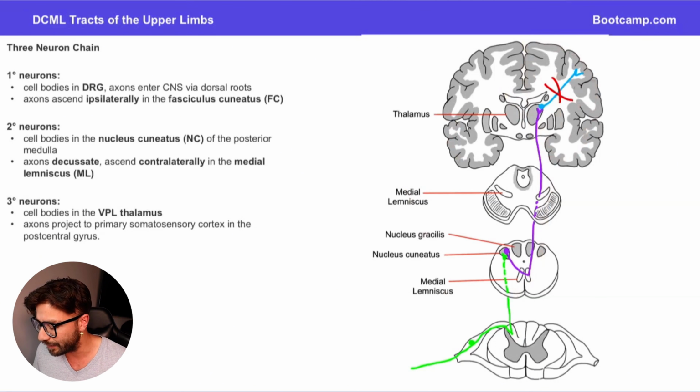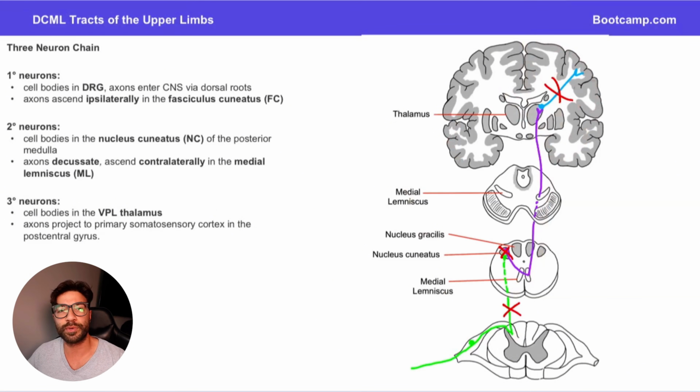Whereas if we had a lesion right here on that first order neuron, then we would have an ipsilateral loss of function. So we would have a loss of discriminative touch, vibration, pressure, and proprioception on the left side of the body, the ipsilateral side of the lesion. Now, what if we had a lesion in our nucleus cuneatus?